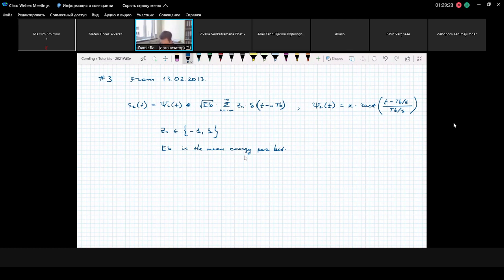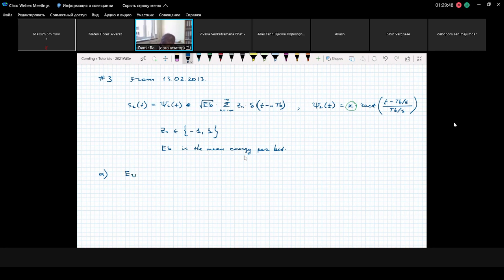And first of all, we need to determine the constant K in front of the basis function in order to ensure a unit energy of the basis function. So part A, what's the value of the constant K?